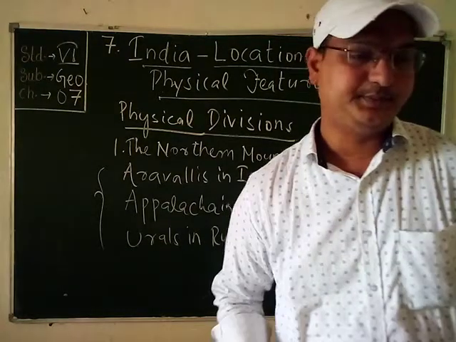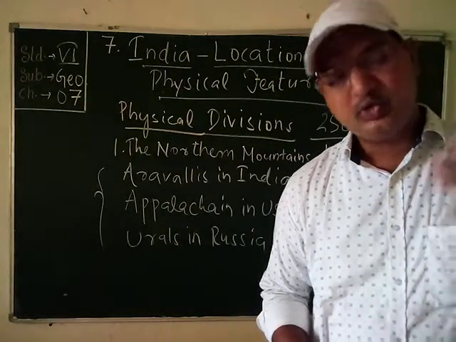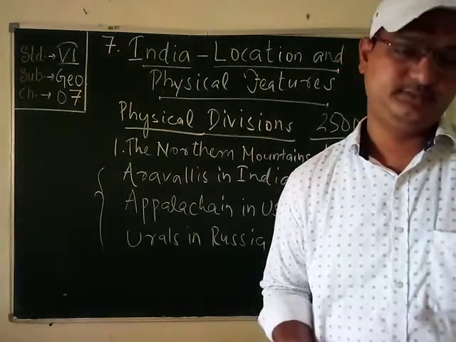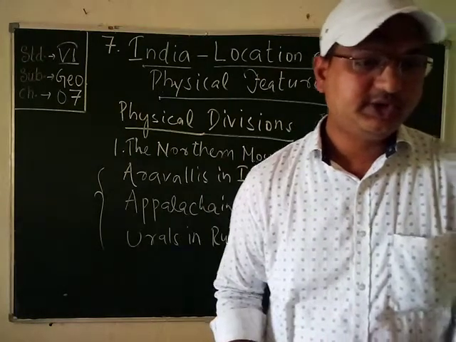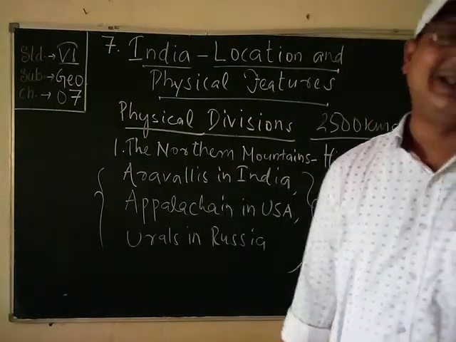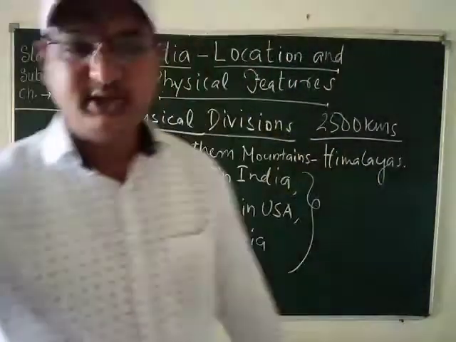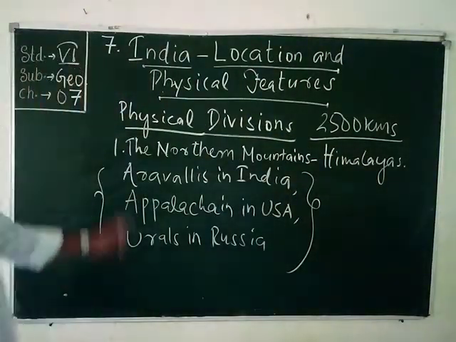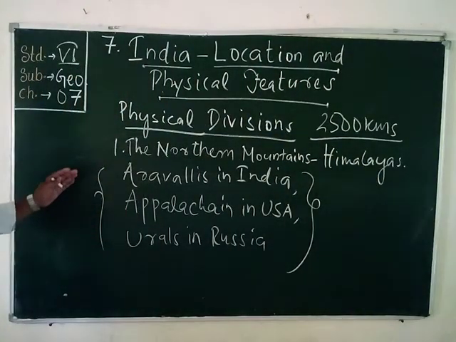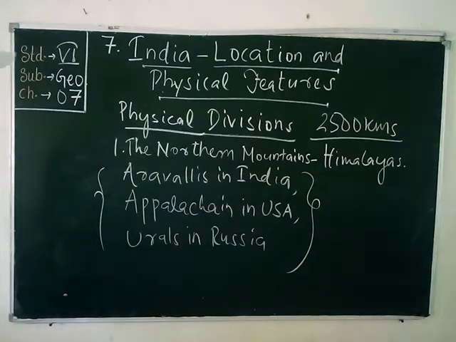The Urals in Russia is the older mountain range. Students, the Aravallis in India, Appalachians in USA and the Urals in Russia are older mountain ranges than the Himalayas.